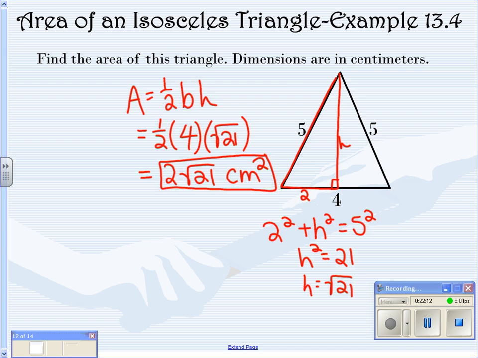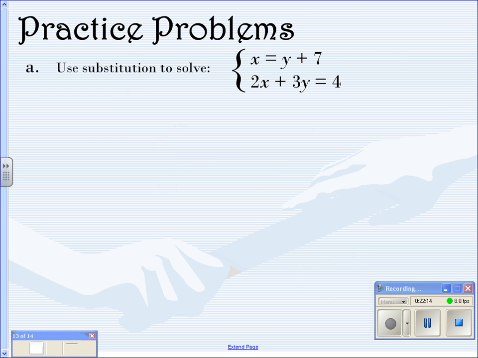All right. See if you can use substitution to solve for x and y.